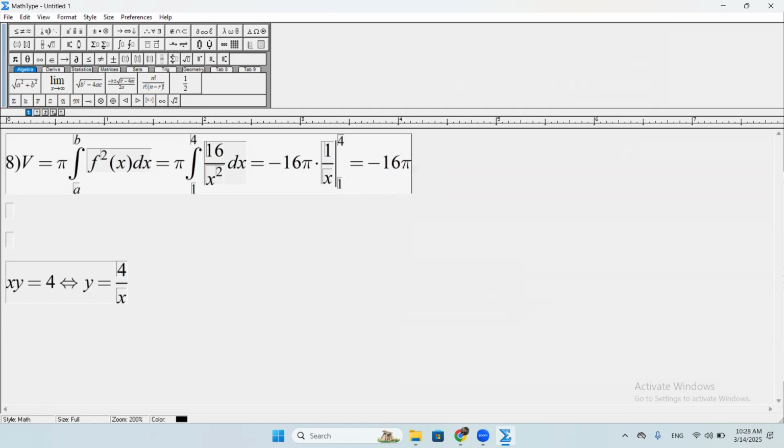What's going on? Yeah, something is wrong with the hotkeys.